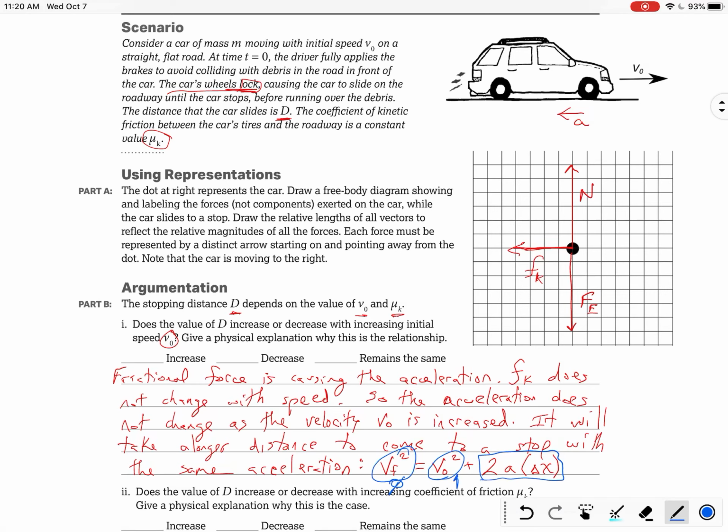So if this is going up, this term has to go down. But if acceleration is the same, that term has to get bigger.